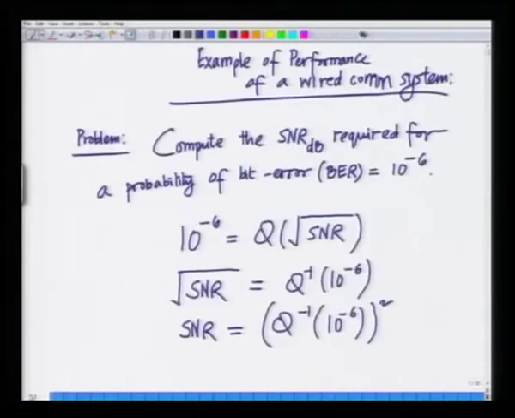So, let me summarize what we did. We wanted to compute the SNR in dB required for a bit error rate of 10 power minus 6.